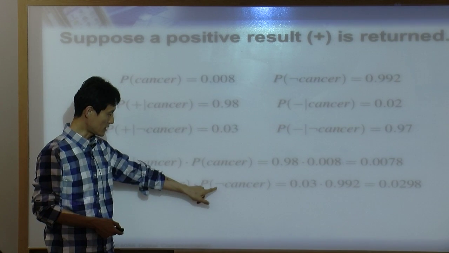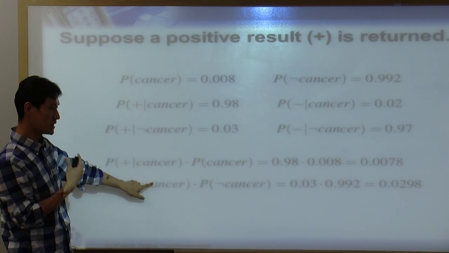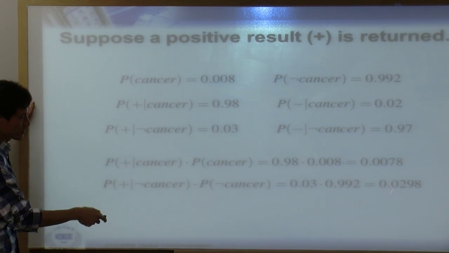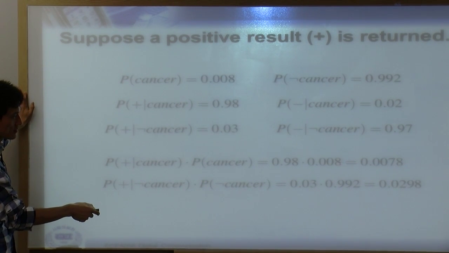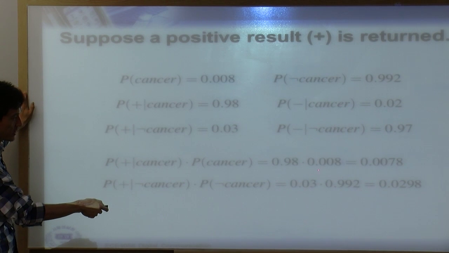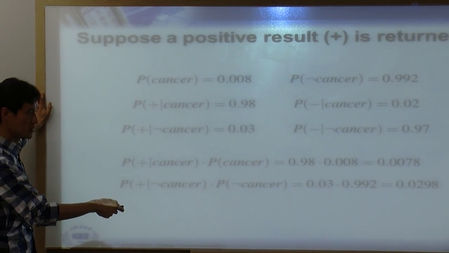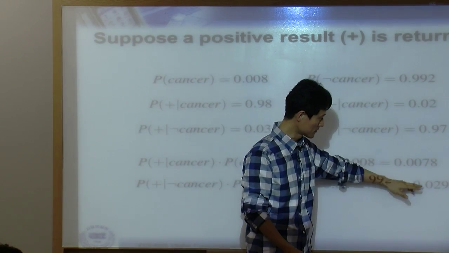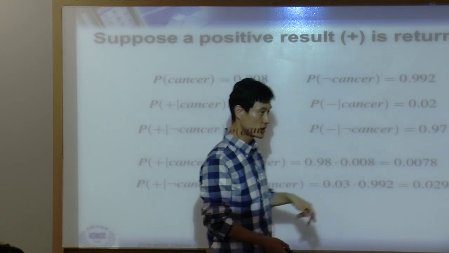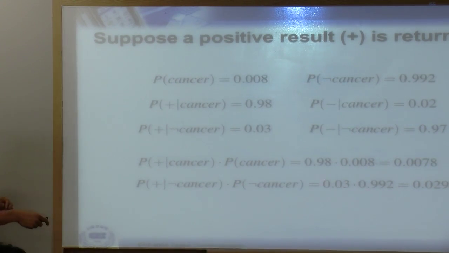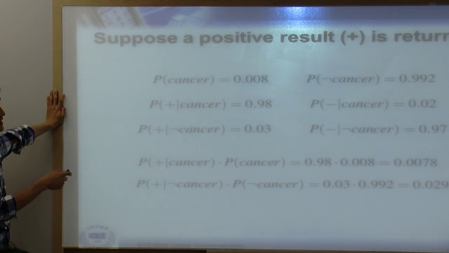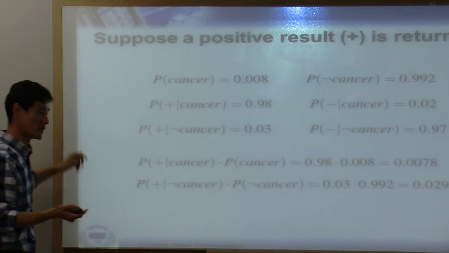This one means no cancer, but given that there's no cancer, you are diagnosed as positive. So when you add these together, each is simply a multiplication. Let's say you get this probability, and you add these two. Then what is the probability? This is the probability that you're going to get a positive result. Simply speaking, this is the one.